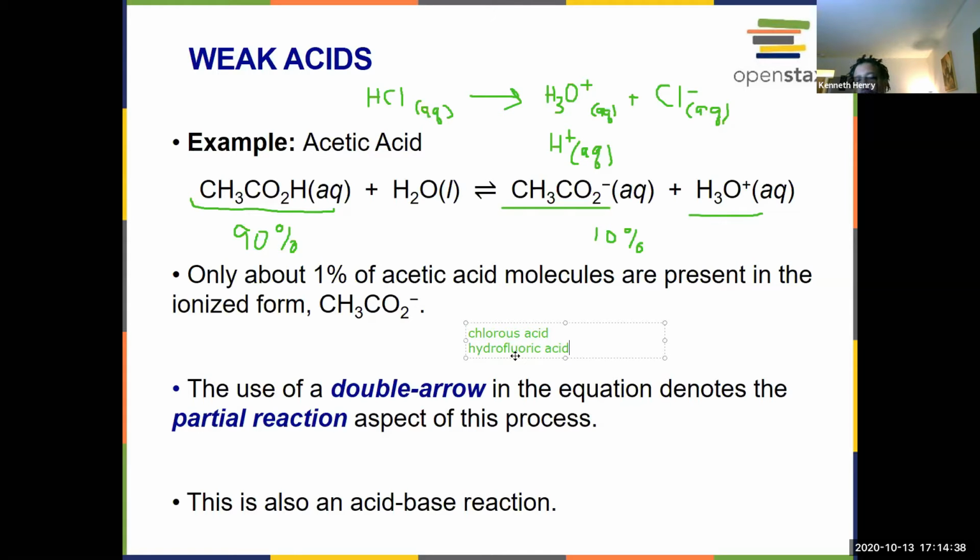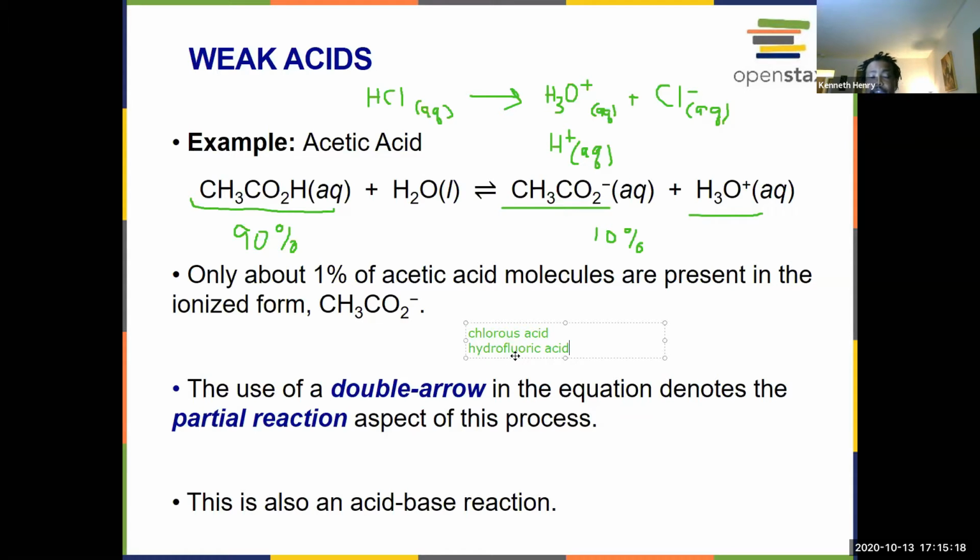The reason it doesn't want to separate is the characteristics of fluorine. Fluorine is very electronegative, and so it really likes to keep hydrogen at bay. Until it has an opportunity to find something better than hydrogen, it's not going to let go. It's going to keep it tight to it. Fluorine is kind of like that abusive boyfriend that won't let his girlfriend get away. She can't go to the bathroom by herself; he either has to send somebody he knows with her or he goes with her. Okay, so that is one of the exceptions.